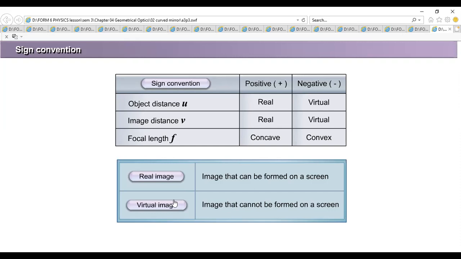What is the characteristic of the image formed by a plane mirror? Same size, same distance, just lateral inversion. That means left-right inversion. Okay, left and right inverted. So the image formed will be upright. Okay, this one we know. But the image formed by a plane mirror is virtual.